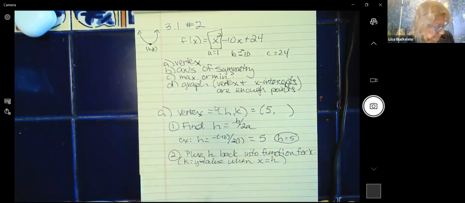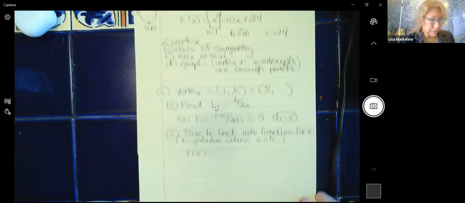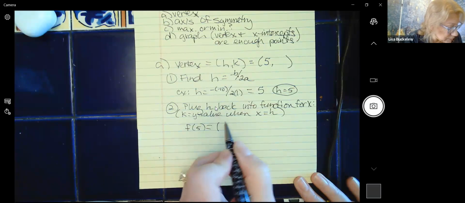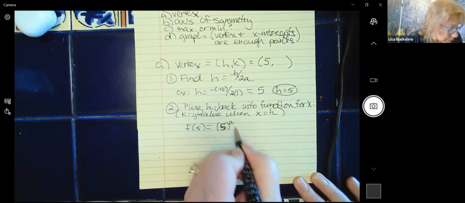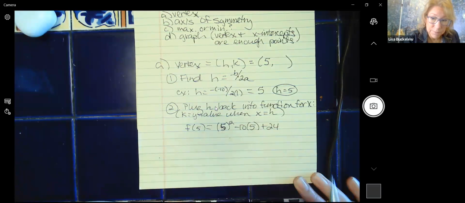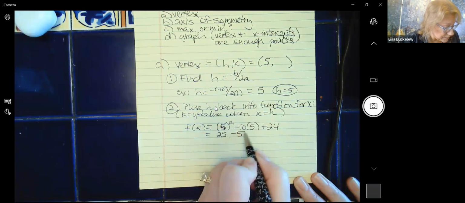That's what I'm saying. All right, so instead of doing f of x, we have a specific input. We're going to do 5. So we're going to do f of 5 equals, instead of x squared minus 10x, 5 squared minus 10 times 5, plus 24. All right, well, we can get our calculators to work this out if you'd rather.